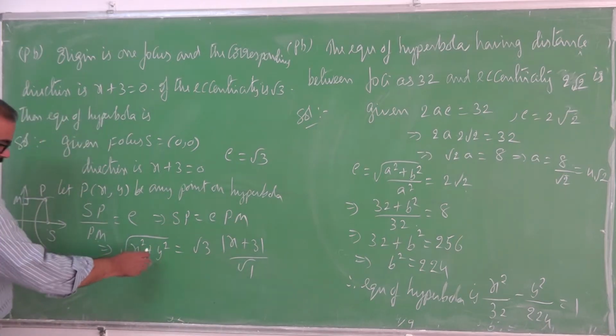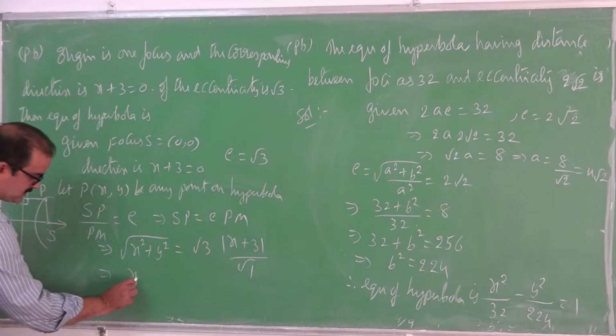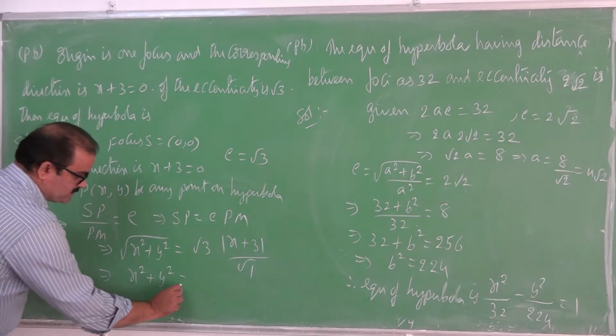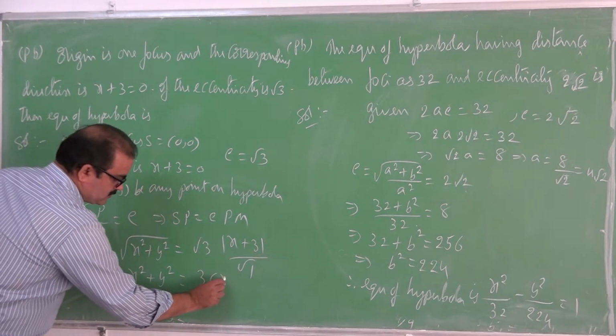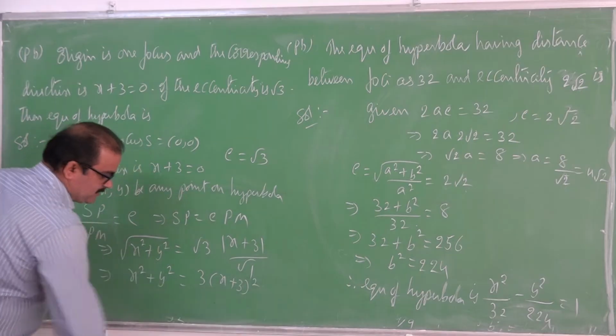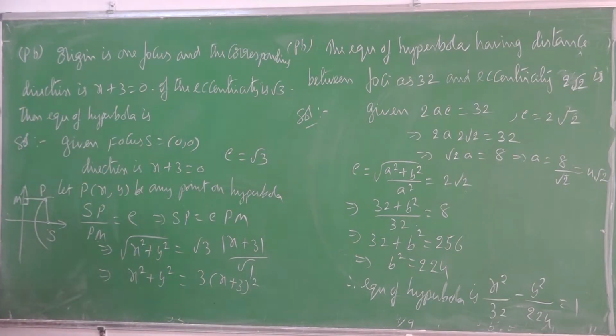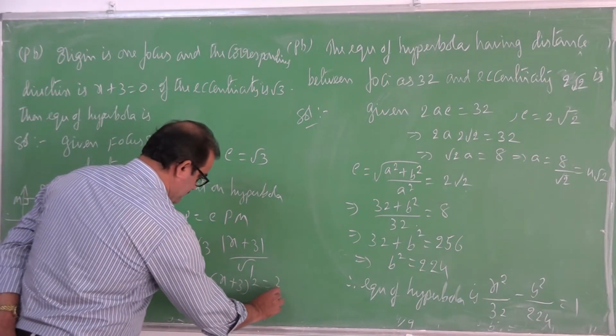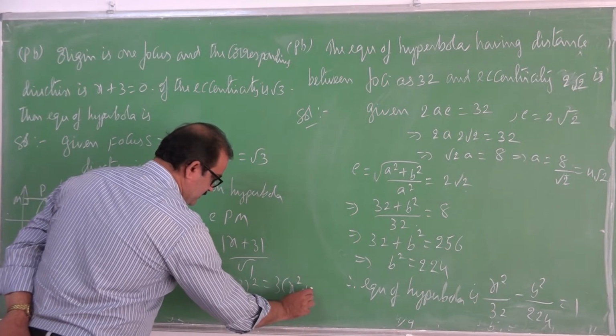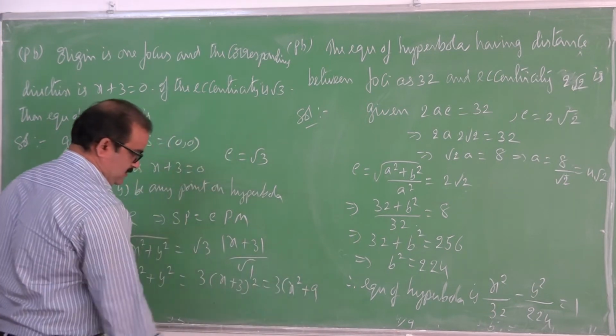To remove the square root, squaring on both sides, x squared plus y squared is equal to 3 into (x plus 3) whole squared. Now expand it: 3 into x squared plus 9 plus 6x.